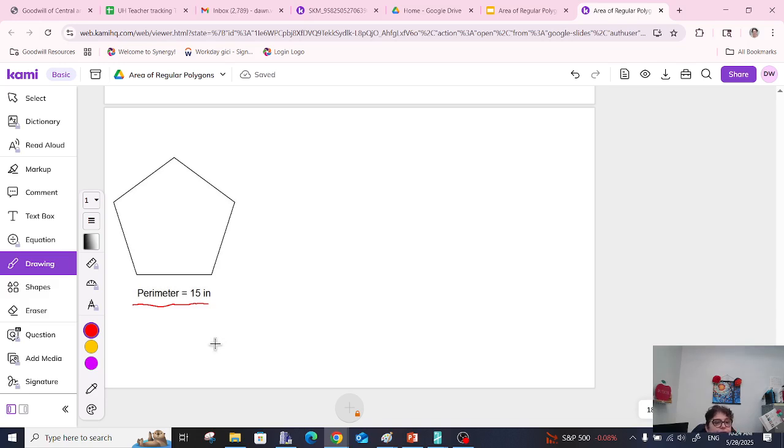How would I find the side length if the perimeter is 15? Yes, because there's 5 sides. To find the side length, 15 divided by 5 would equal what number? 3. So this side length is 3.